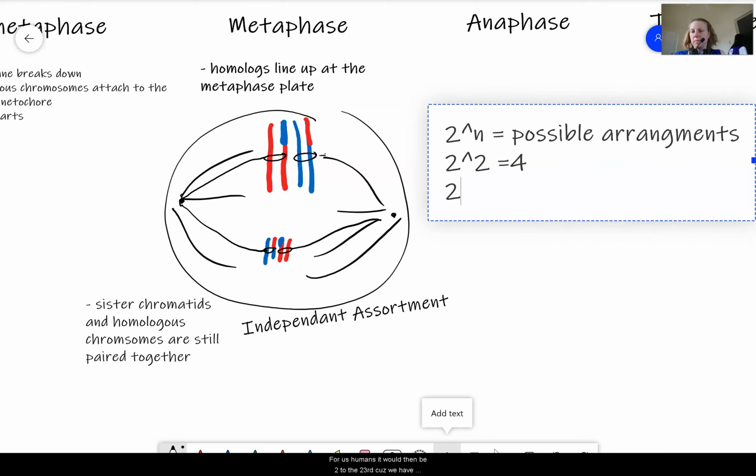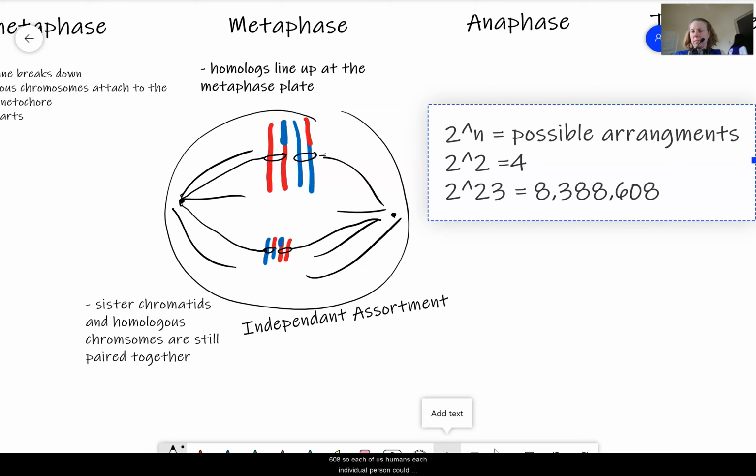For us humans, it would then be 2 to the 23rd because we have 23 different chromosomes that we could have. I don't know if you can do this off the top of your head. I can't, so I had to calculate it out. And the answer is 8,388,608.